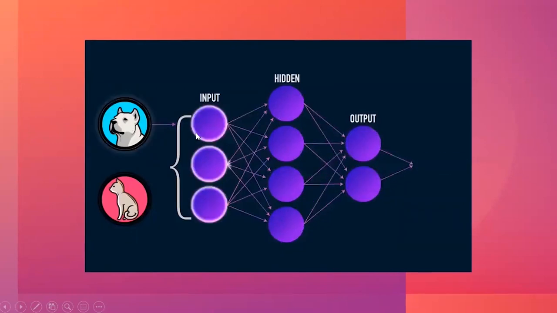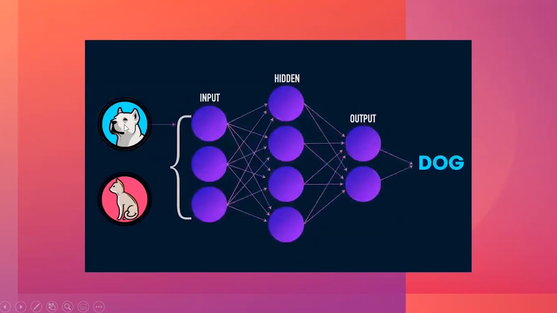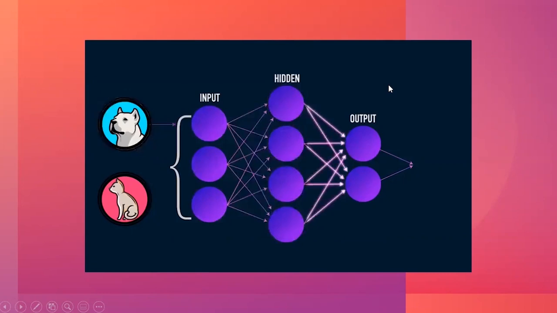What is happening over here is that this neural network is taking an input in the form of an image. Over here, it is a dog, and it has to properly classify whether the inputted image is a dog, cat, or some other animal. As you can see, the neural network rightly outputs a dog.